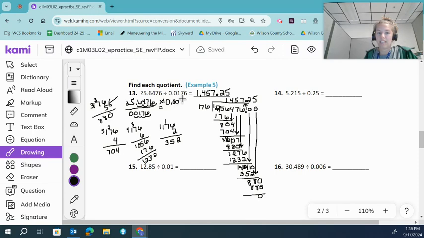I multiplied by 10,000 because I wanted to move that decimal 4 spaces, because every time you multiply by 10, you move the decimal one more time. So 10, 100, 1,000, 10,000. That's how I knew to move it 4 places.